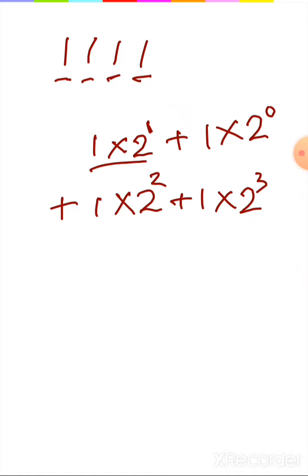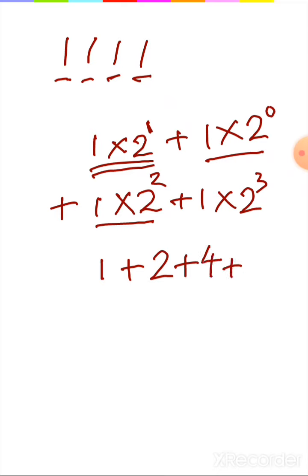So this expression will reduce as follows. 2 raised to power 0 is equal to 1. 1 multiplied by 1 is equal to 1, plus 2 raised to power 1 is equal to 2, 2 multiplied by 1 is equal to 2, plus 2 raised to power 2 is equal to 4, 4 multiplied by 1 is equal to 4, plus the last expression, 2 raised to power 3 is equal to 8, 8 multiplied by 1 is equal to 8.